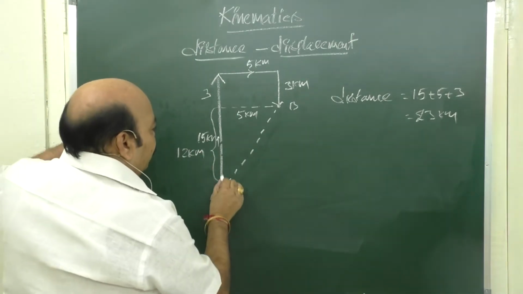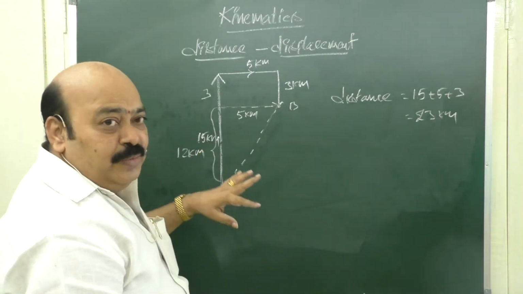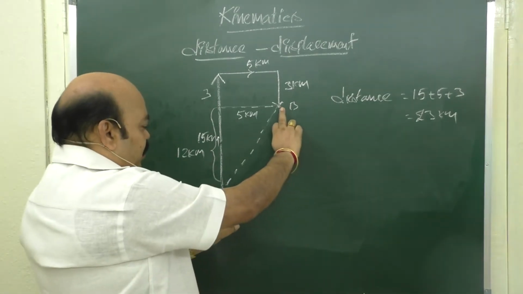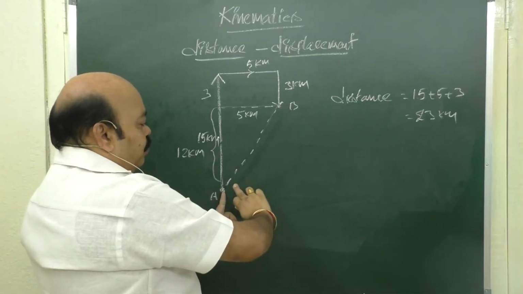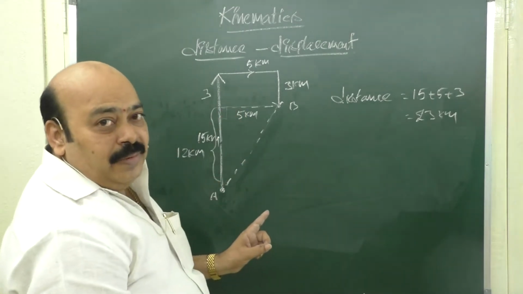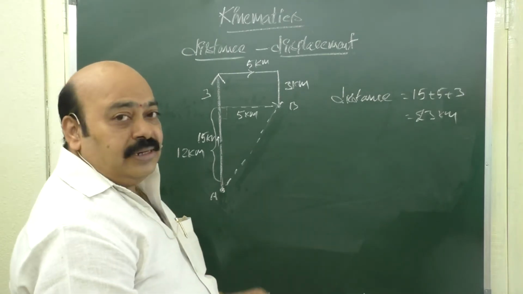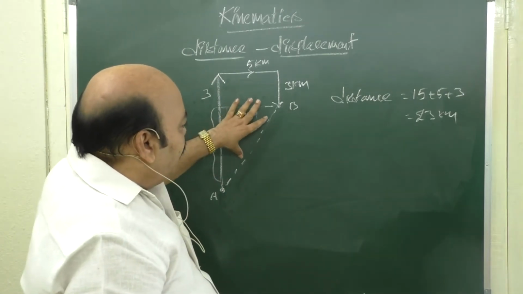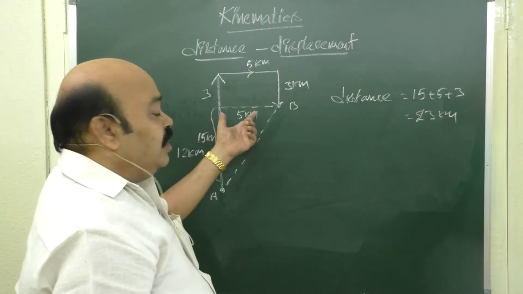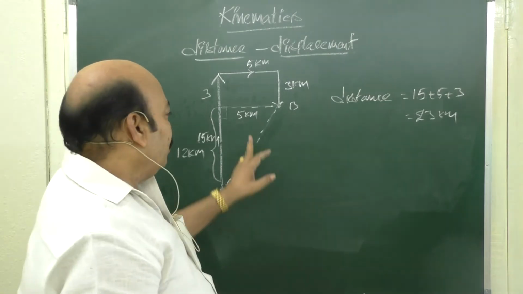Now, if you observe carefully, it is nothing but a right angle triangle with the sides 12 kilometers and 5 kilometers. The displacement is represented by the hypotenuse of the right angle triangle. With the help of basic algebra, Pythagoras, we can find the hypotenuse, which is the square root of side square plus side square.